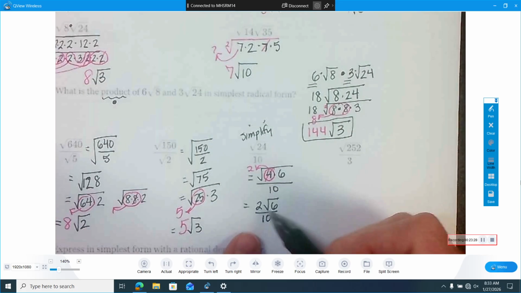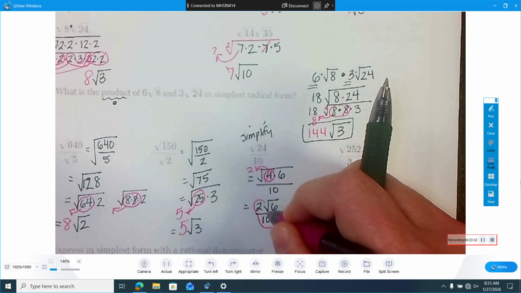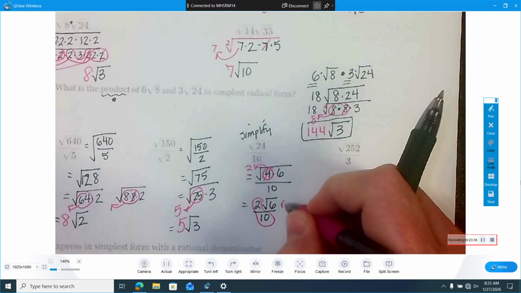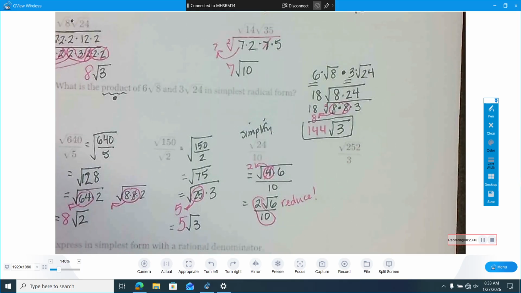Now, though, since we simplified the radical, now I have some regular numbers. And regular numbers I need to reduce, all right? So now I can reduce my regular numbers. 2 over 10 reduces to what? 1 over 5.